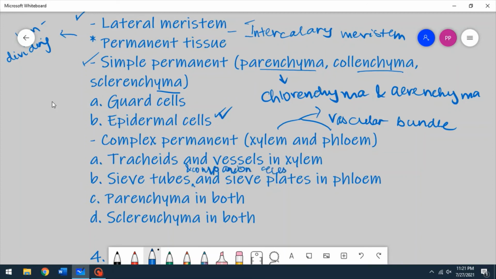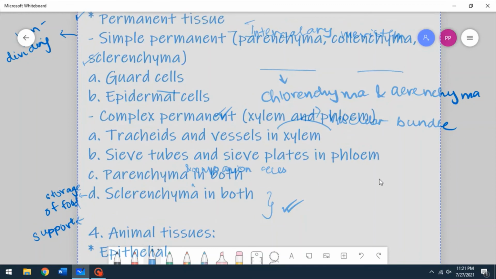Parenchyma and sclerenchyma are present in both the xylem and the phloem. Parenchyma is for storage of food, while sclerenchyma is useful for support and strength. Alright, and then we talked about animal tissues.